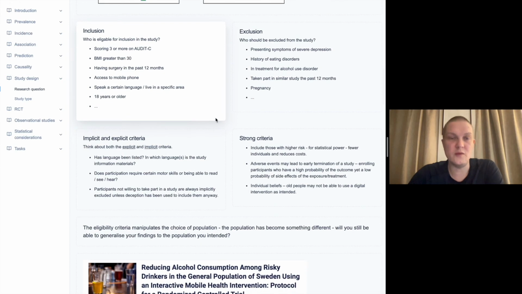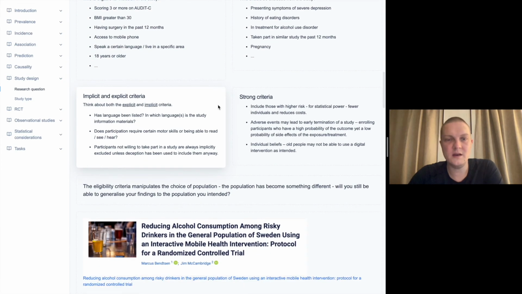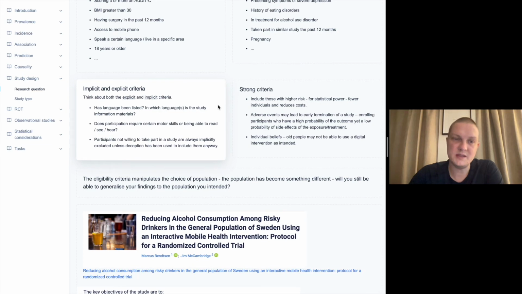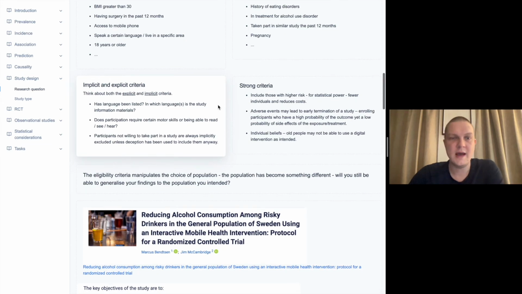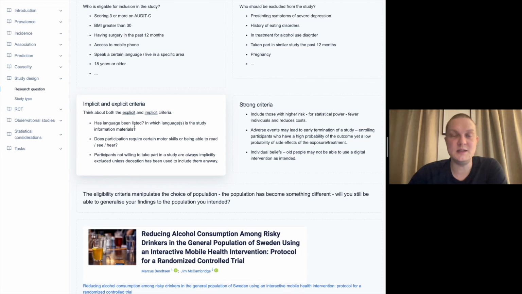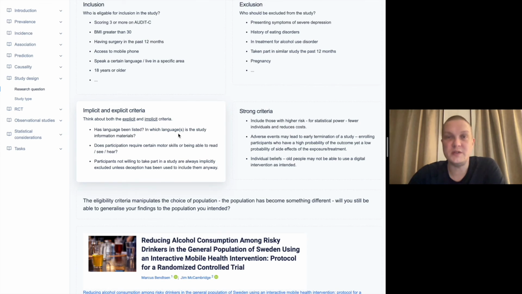Something that I think gets overlooked is that I like to think of these criteria as both implicit and explicit. If you haven't listed a specific language as an inclusion criterion, yet it's obvious that this treatment is only available in a specific language, then if you don't speak that language, that is implicitly an exclusion criterion.